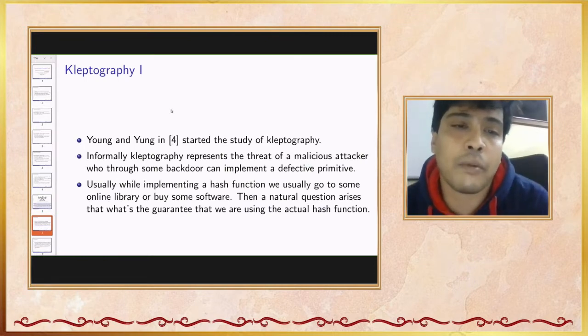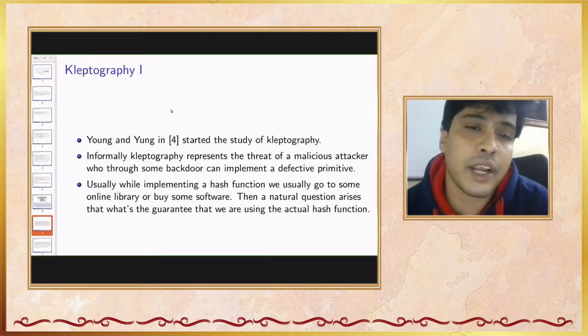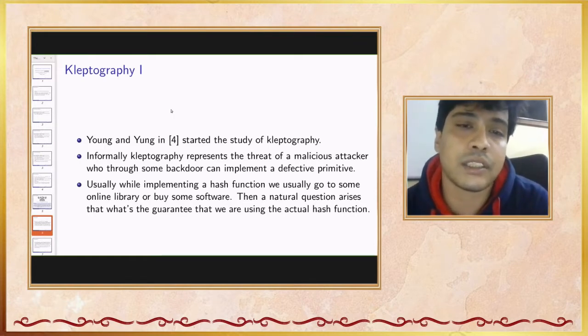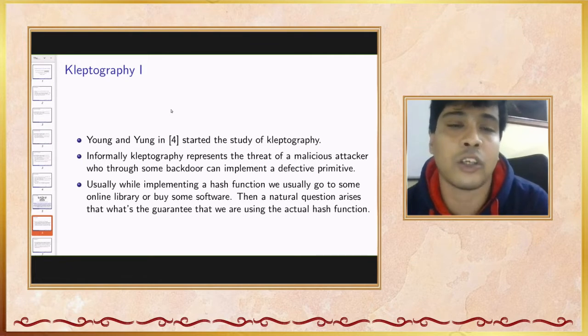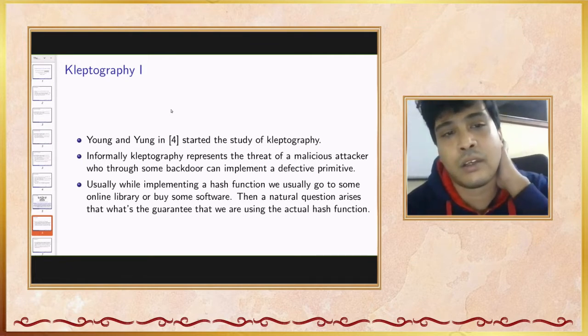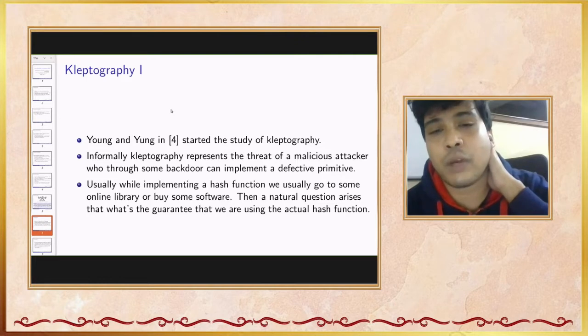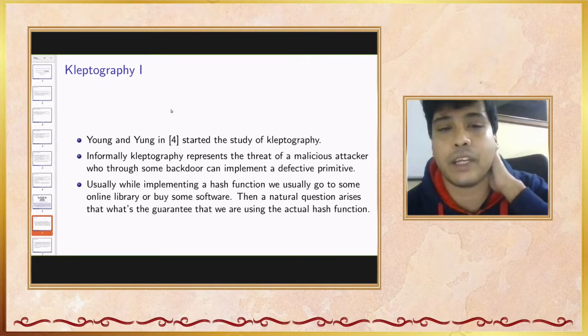Now, whether we talk about indifferentiability or indistinguishability, one common trait is that it is assumed that the building blocks or the primitives themselves are not corrupted. To address those issues, Young and Yung started the study of kleptography. Informally, kleptography represents the threat of a malicious attacker who, through some backdoor, can implement a defective primitive.